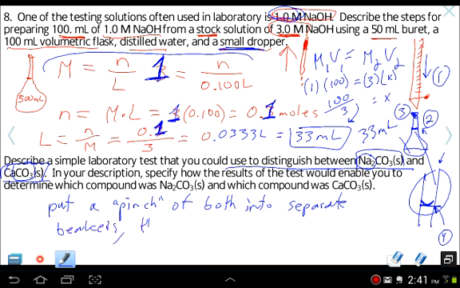The one that dissolves is your sodium carbonate, because all sodium compounds are soluble. So that's what you can do.